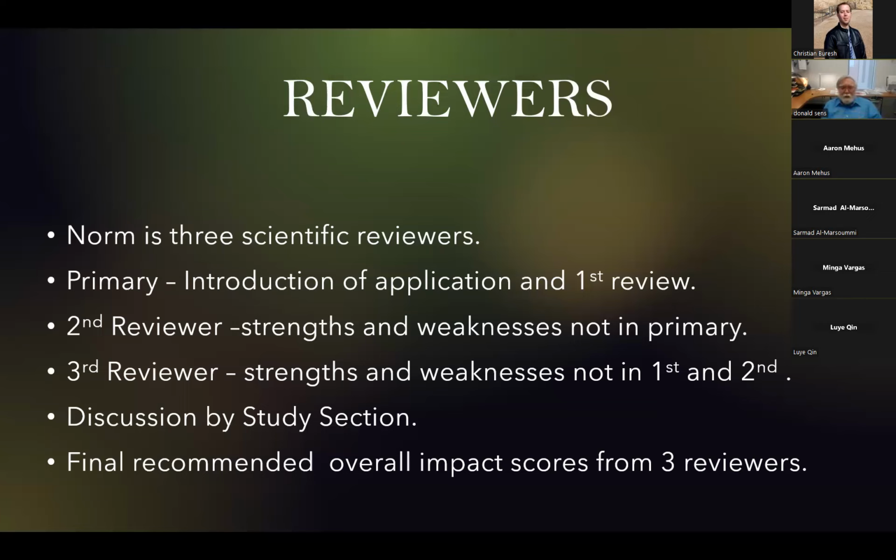Again, they'll pretty much only add strengths or weaknesses the first or second reviewer didn't see. So by this time, you've had a good review of what people think its strengths and weaknesses are.